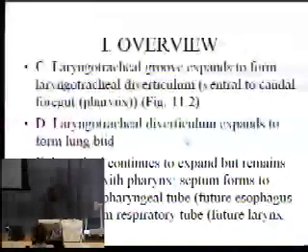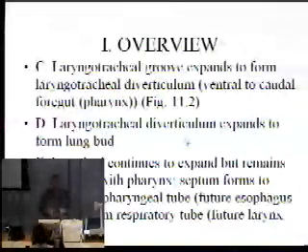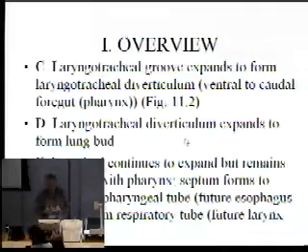So the laryngotracheal groove is going to expand and form the laryngotracheal diverticulum, and then it'll be located ventral to the caudal foregut, so the more caudal portion of the foregut, and we're going to be in front of it.